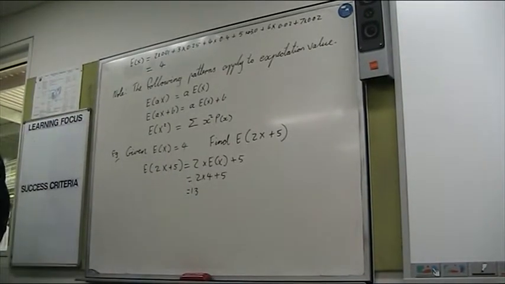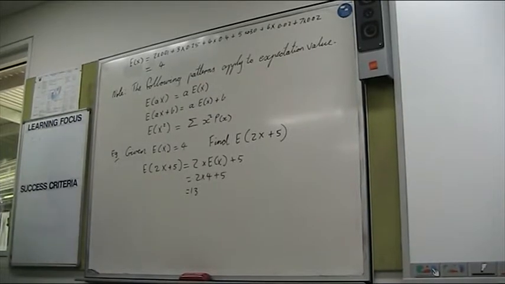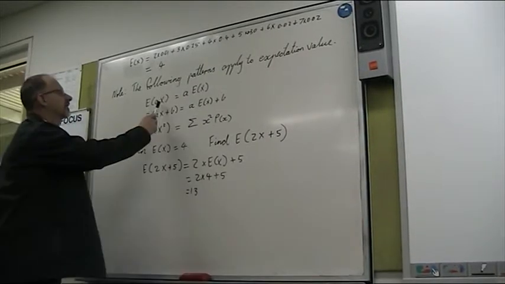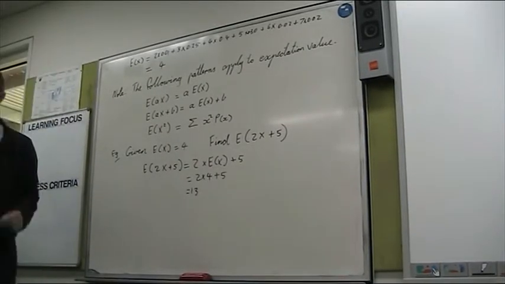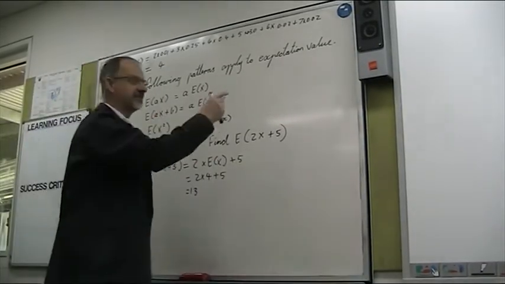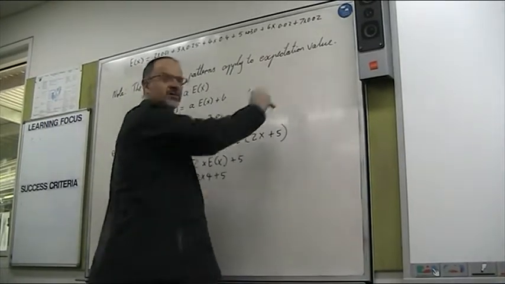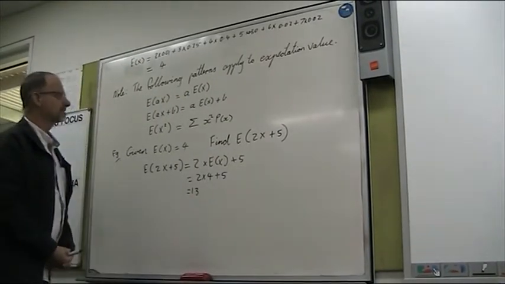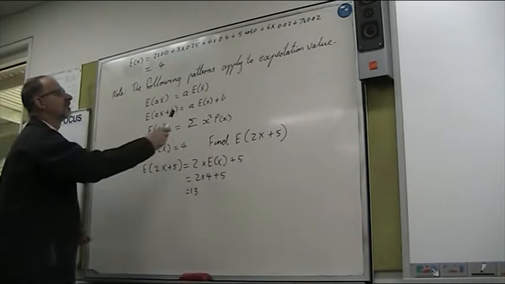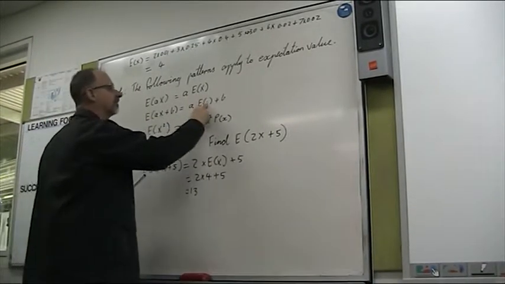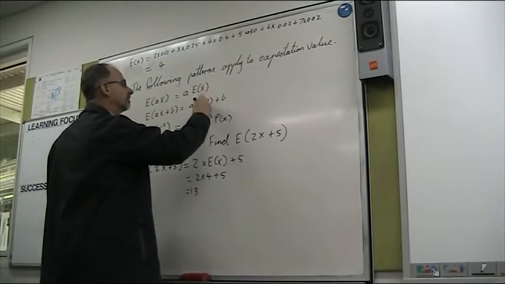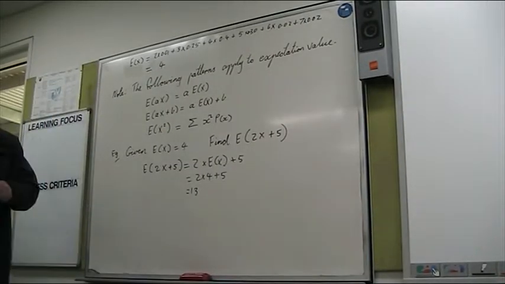Why did the straight x become a curly x? Because the big X is the whole thing, and the little x is a specific outcome.